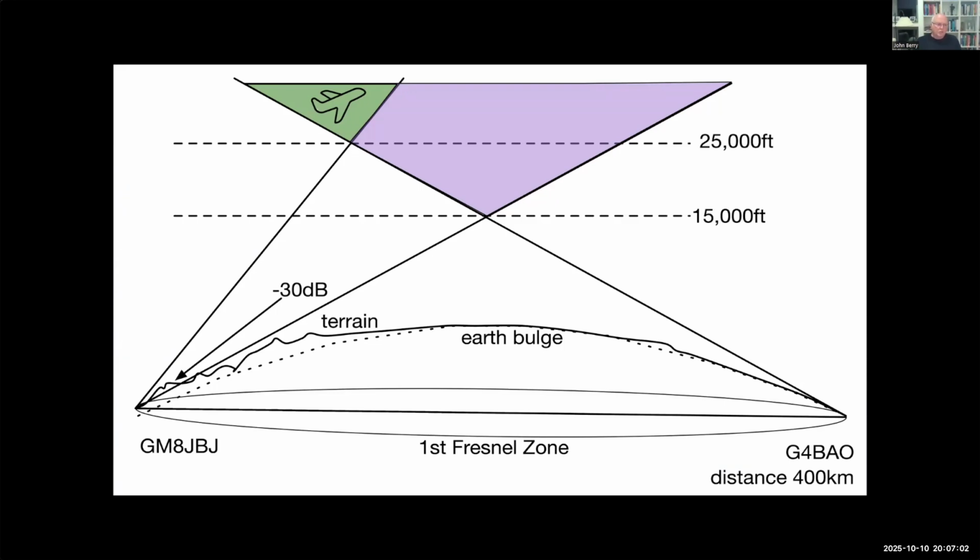But you can see there the terrain in front of me in the Pennines is just killing me. It's useless. And therefore, all I can make use of is actually that very small triangle in green. So it is important to know the idea of the path, and we'll come to that when we come to Air Scout, because that's the fundamental of the Air Scout application, to try and predict where aircraft are going to be. Interesting, useful when we come to aircraft scatter.